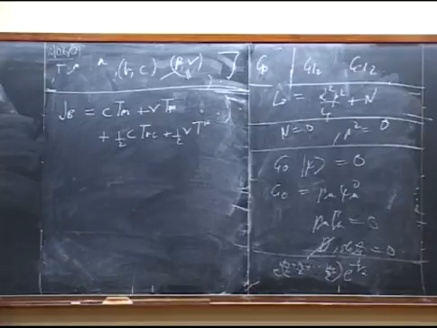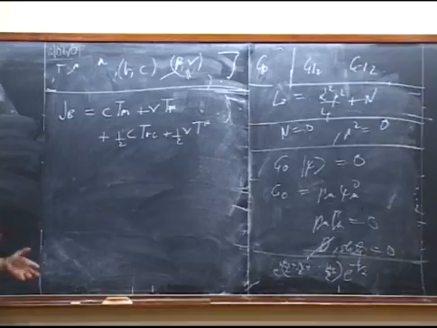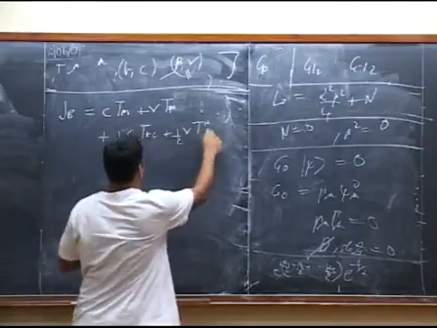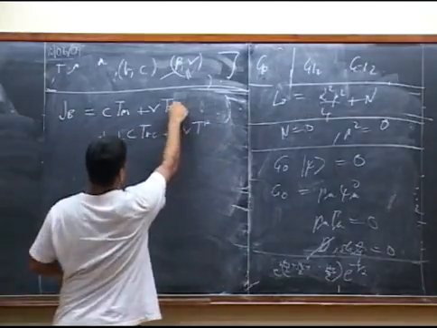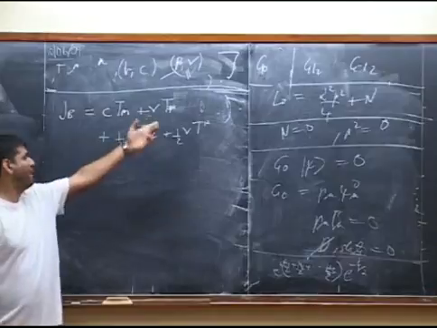Right, it should be dimension 1. TF of the ghost. This TF is the fermionic current of the ghost as well as the full matter system.